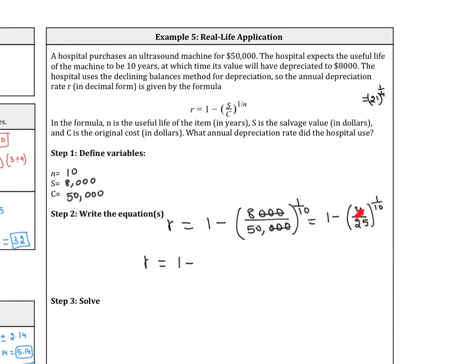We're going to use 4 divided by 25 to the power 1 over 10, and subtract it from 1. 4 divided by 25 to the power 1 over 10, I got from the calculator, 0.83. 1 minus 0.83 gives me approximately 0.167 in decimal. If you want to turn it into a percentage, you multiply it by 100, and that becomes 16.7%.